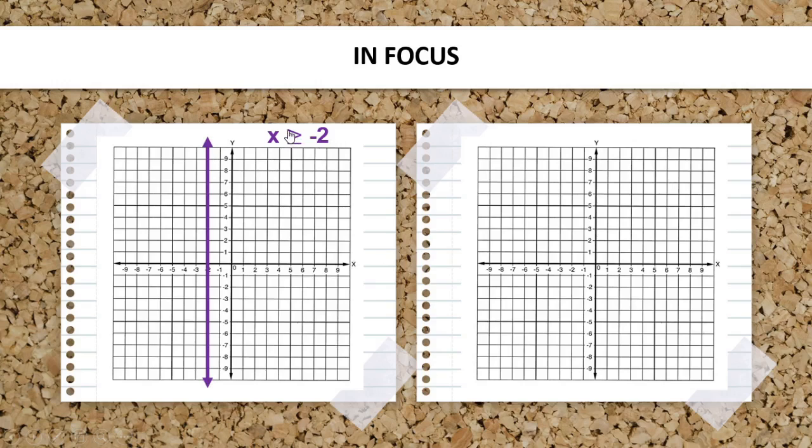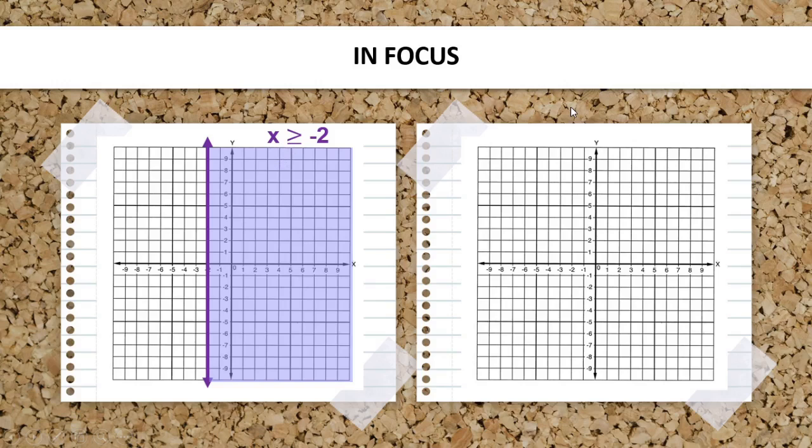Now we need to represent x is greater than -2. Since this is x, the greater than would be the region on the right side. We could show this by shading this region. So this is the representation of our inequality x is greater than or equal to negative 2.